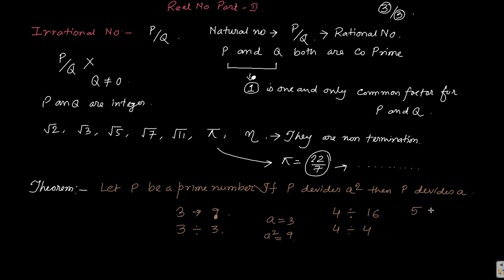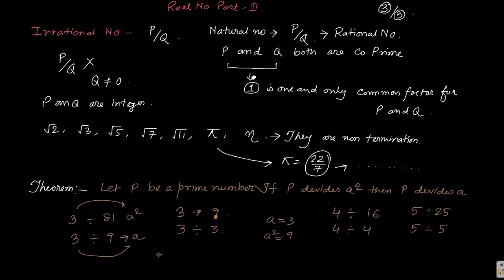If 5 divides 25, then obviously 5 divides 5. If 3 divides 81, it means that 3 divides 9, because if a is 9, then a square is equal to 81. So if 3 divides a square, then 3 divides a.